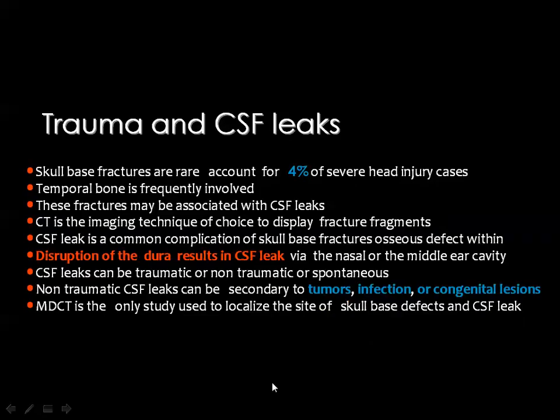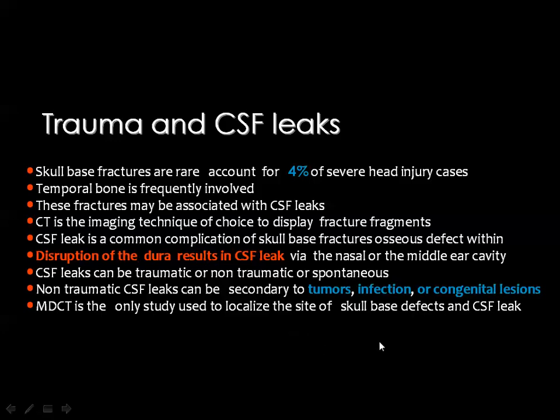We have discussed the CSF leak in the anterior cranial fossa, where injuries to the floor of the anterior cranial fossa, especially the cribriform plate of the ethmoids, will result in CSF rhinorrhea. But here, injury of the petrous bone may result in CSF otorrhea.